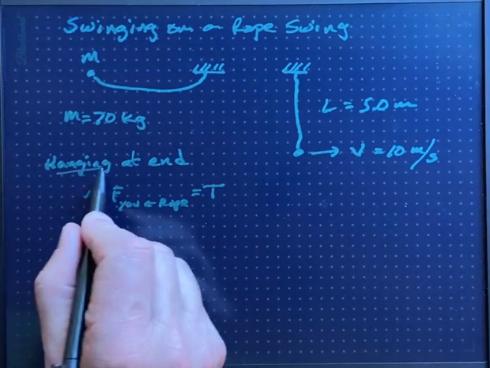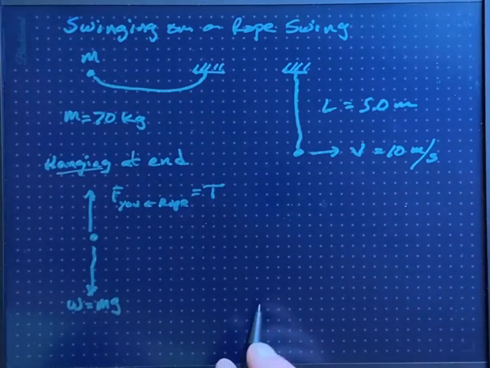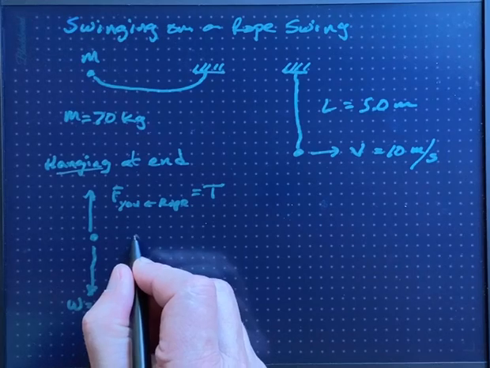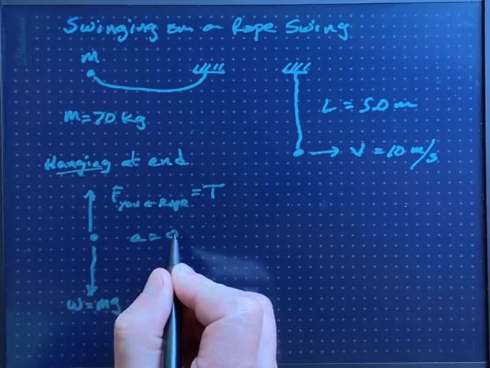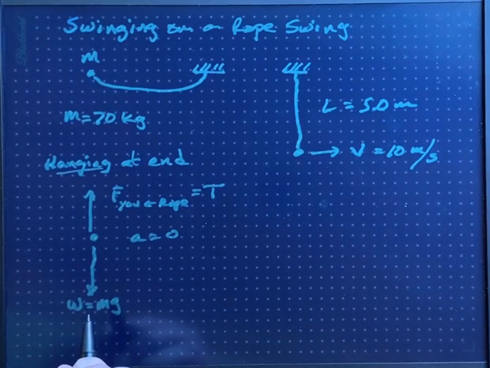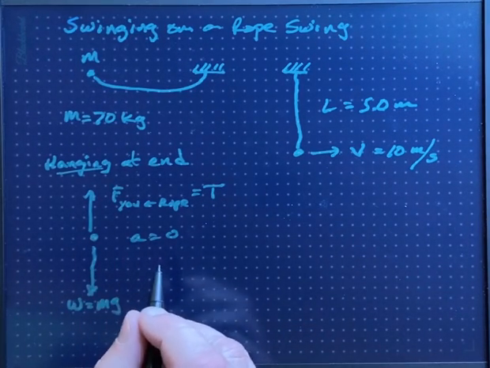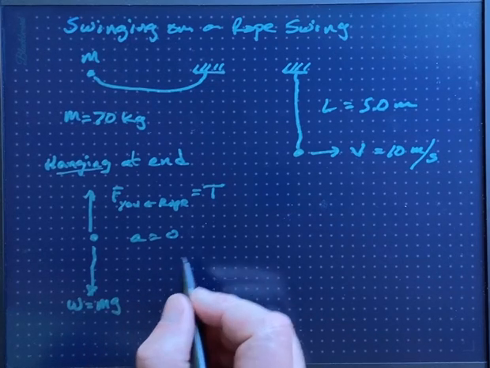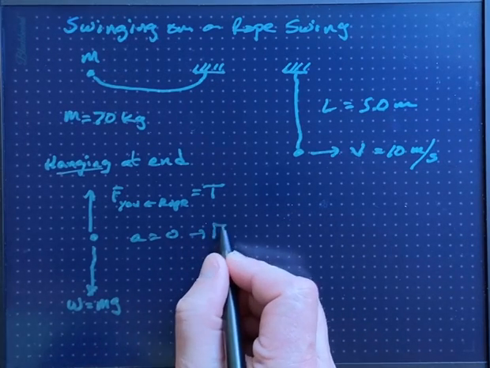Well, if you're just hanging at the end of the rope and not yet moving, then your acceleration is 0. That would be true if you were moving up and down at constant speed too. But in this case, just hanging at the end of the rope, your acceleration is 0. So that means the net force has to be 0.